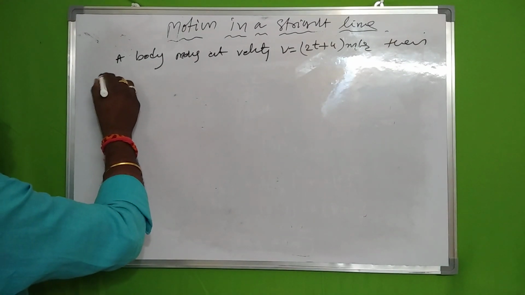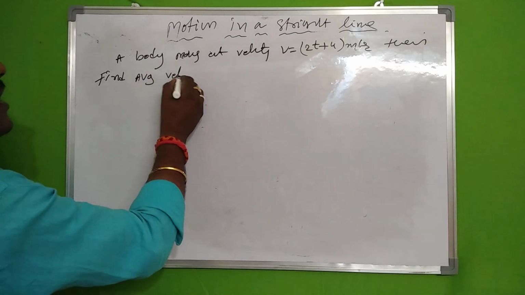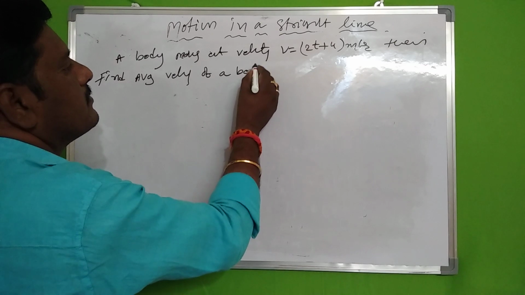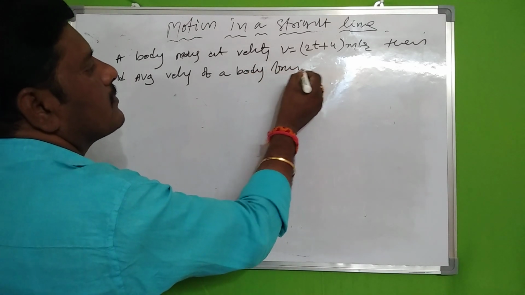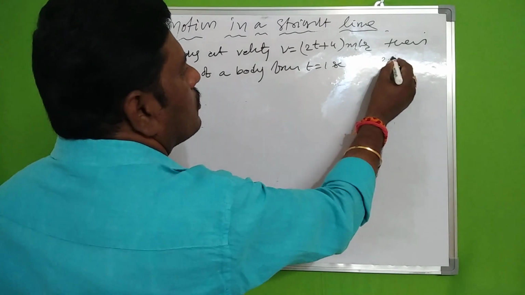Then find the average velocity of the body from t equal to 1 second to t equal to 2 seconds.